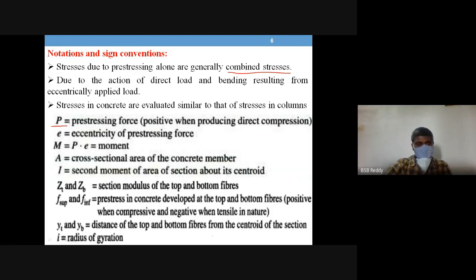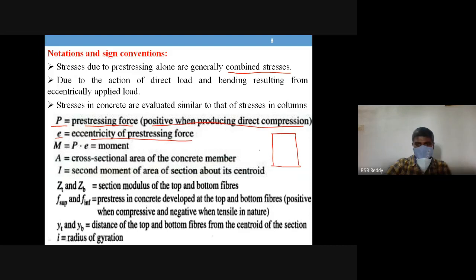So the notations: capital P denotes the pre-stressing force. It is positive when it produces direct compression in the concrete. Small e denotes the eccentricity of the pre-stressing force, which is measured from the CG of the concrete cross section.